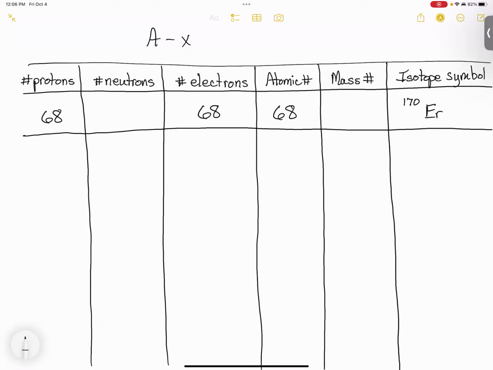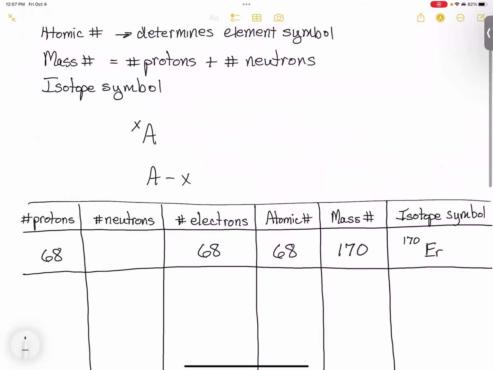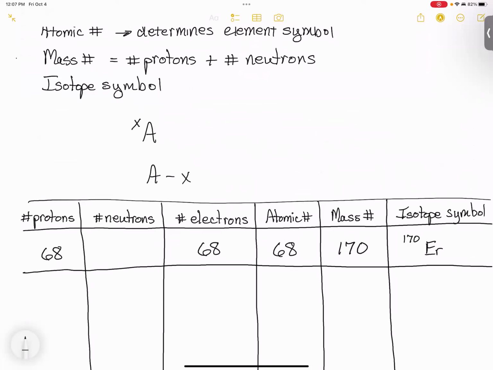But remember I said the different isotope symbols? In this isotope symbol, I'm giving you the mass number. So the mass number in this case is 170. Now to get the last piece, you have to remember this equation.